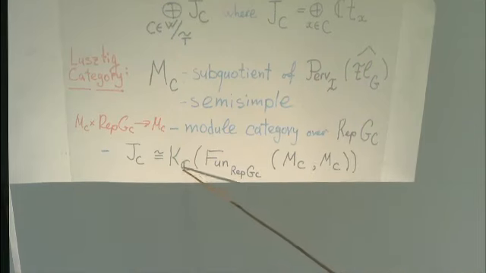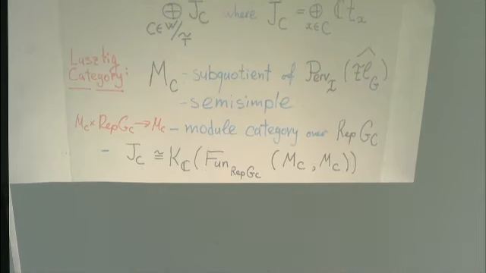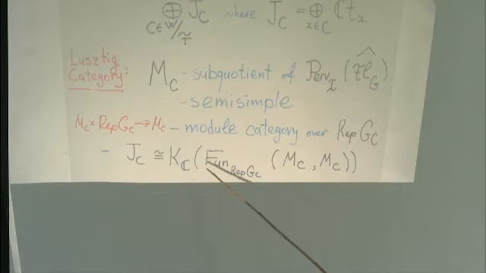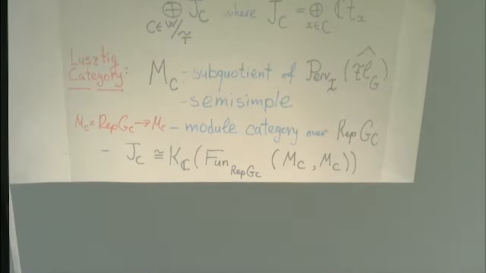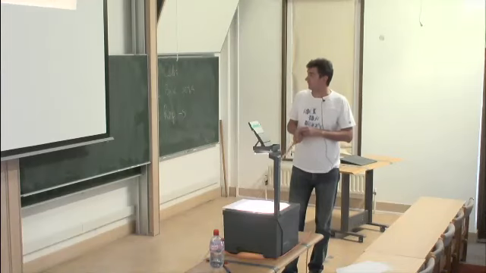Then there is a K-ring, and naturally J_C is isomorphic to the K-ring of this. That's what Bezrukavnikov and Ostrik studied.